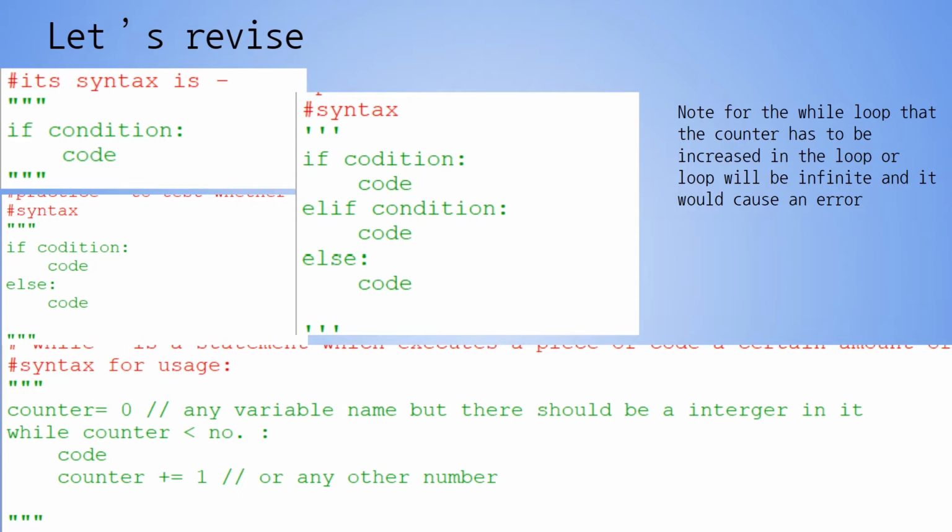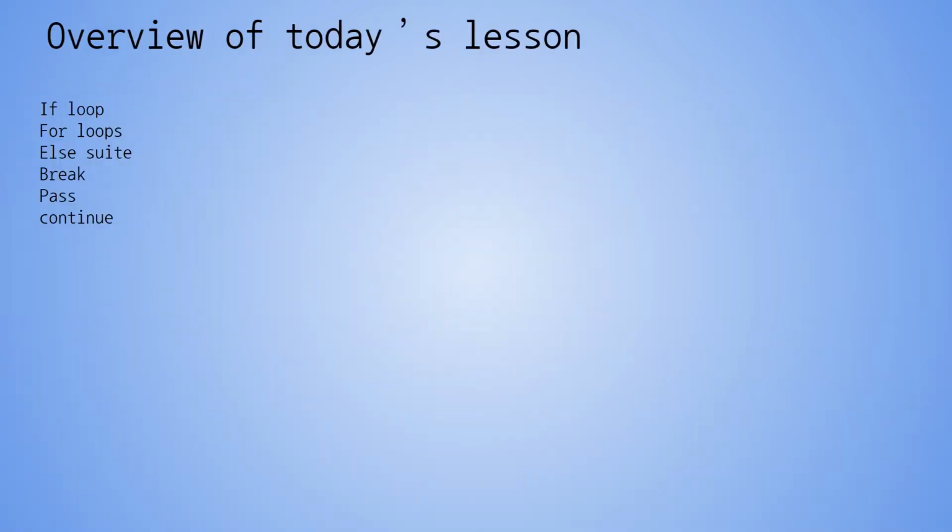Now, there's a note for the while loop: the counter has to be increased in the loop or the loop will be infinite and it can cause an error and can even cause your laptop to crash, which is never a good thing.